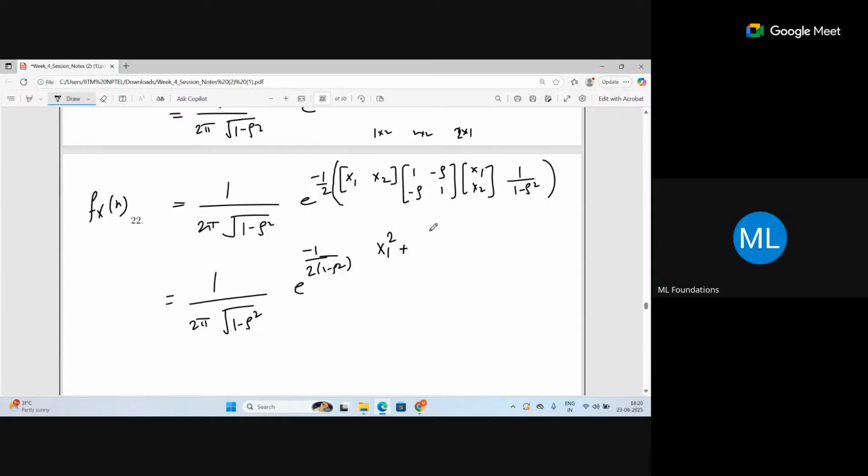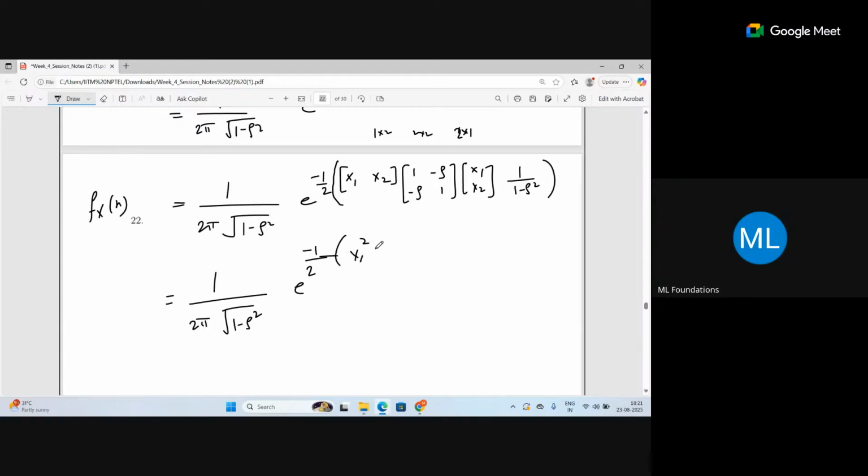It will be x1 square plus... Maybe I'll just write everything out. You may cross check later. I'm just writing down directly what is coming out here.